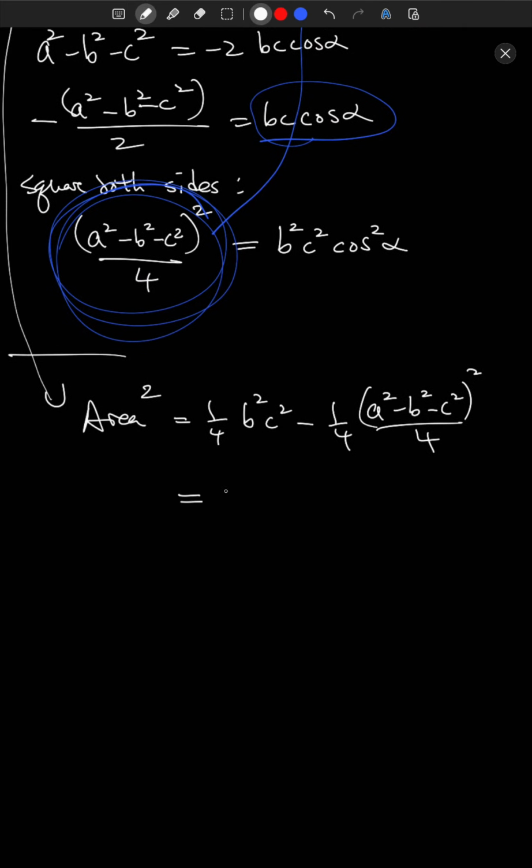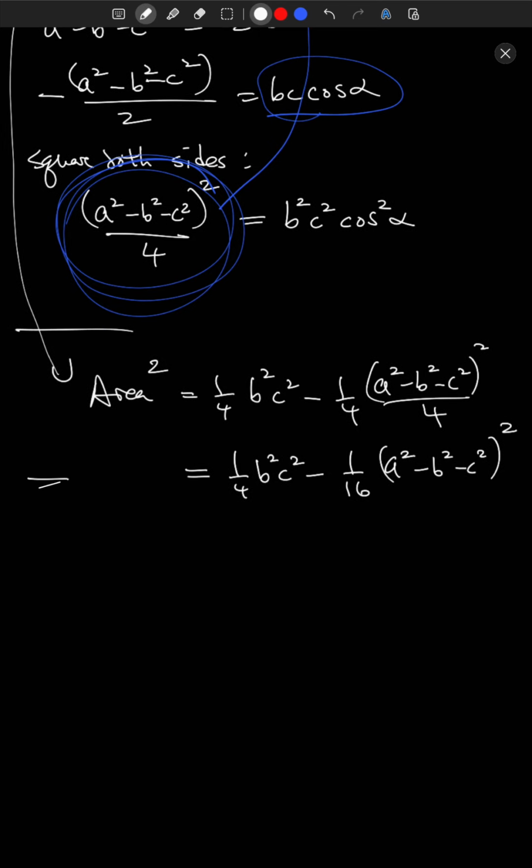Let's rewrite that as 1/4 b squared c squared minus 1/16 (a squared minus b squared minus c squared) squared. That's my area squared, and so my area is the square root of that.